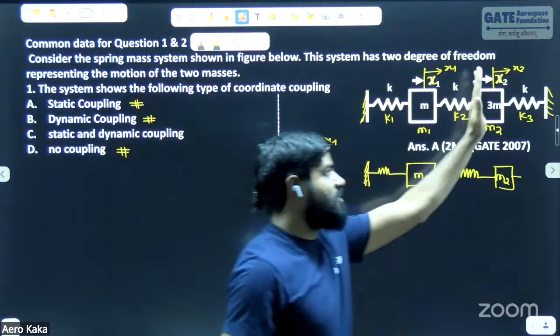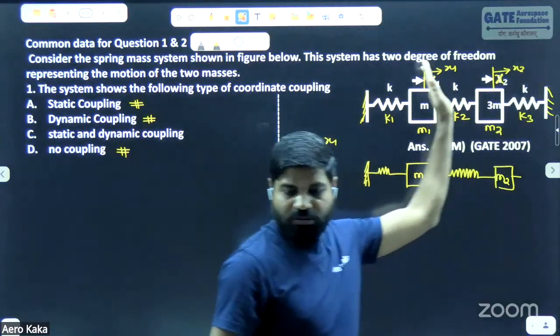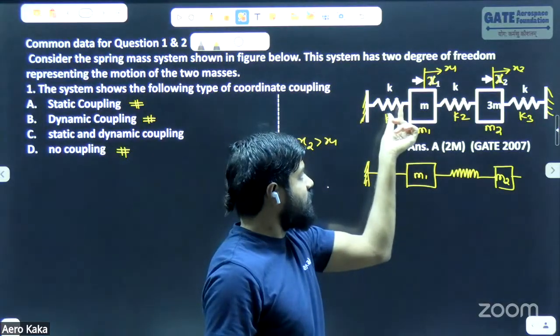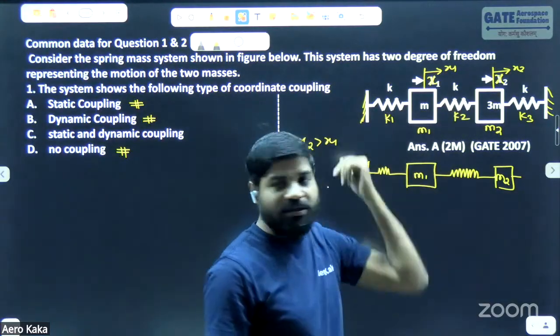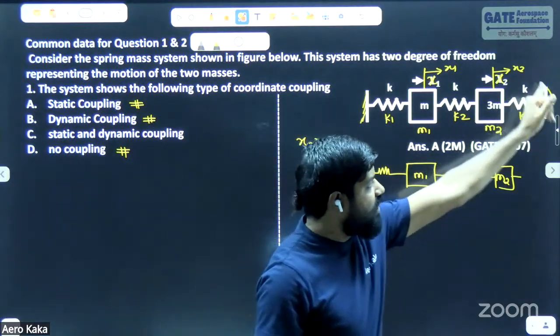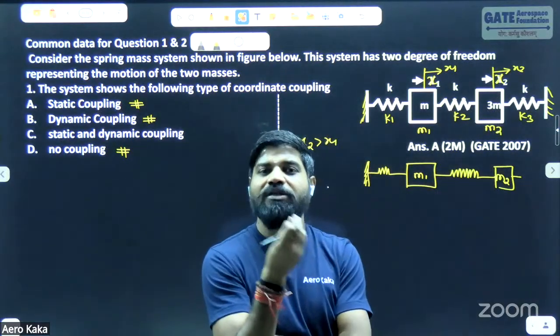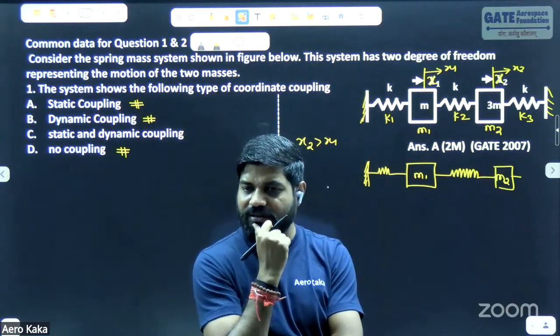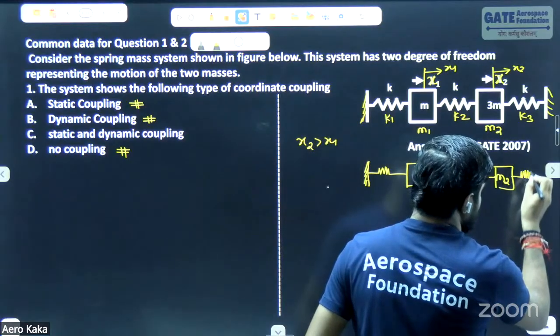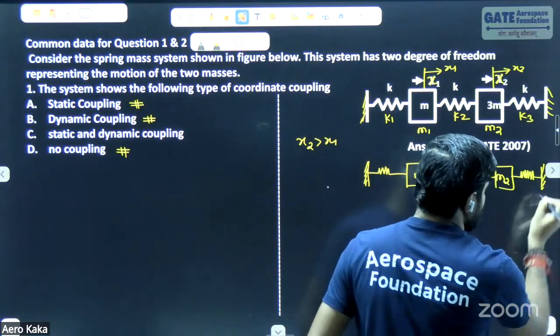Look, if it is moving in this direction by x2, this is also moving by x1 in the same direction. So the elongation in the first spring as well as in the second spring will take place. But at the same time, what happens to this third spring? Is it under compression or under tension? Compression. So here you can mark this is the compression.